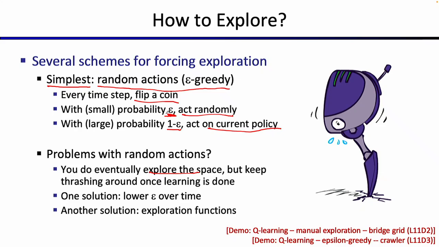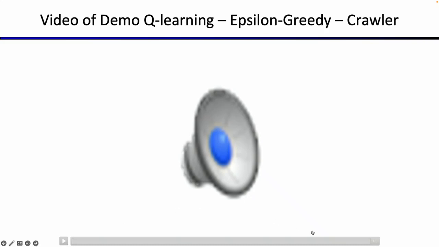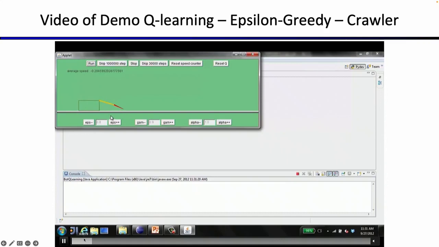Essentially, we're hand-controlling this exploration-exploitation preference over time. That's an annoying detail that people have to set manually, but people often do that. We'll see a demo of epsilon-greedy, but then we'll also see another solution, exploration functions, to address this trade-off automatically.